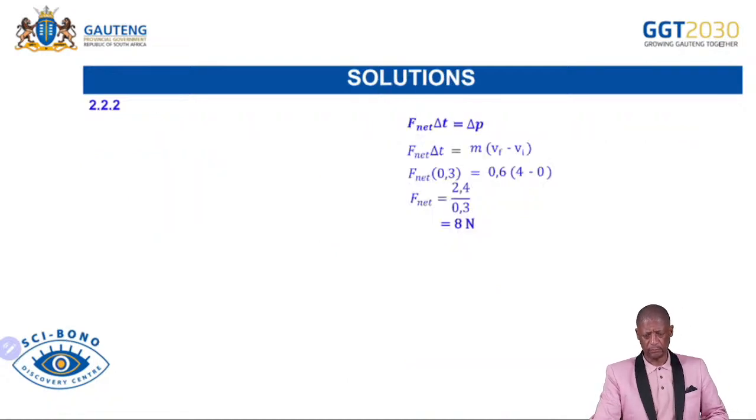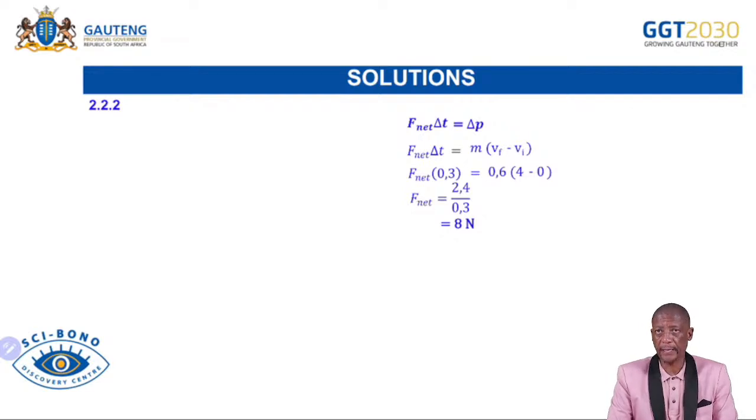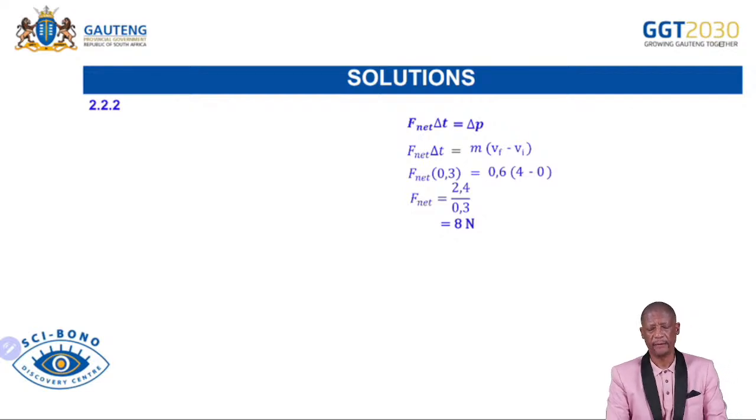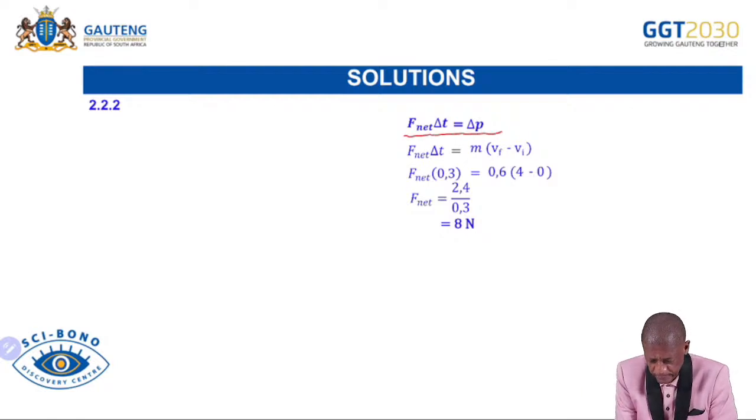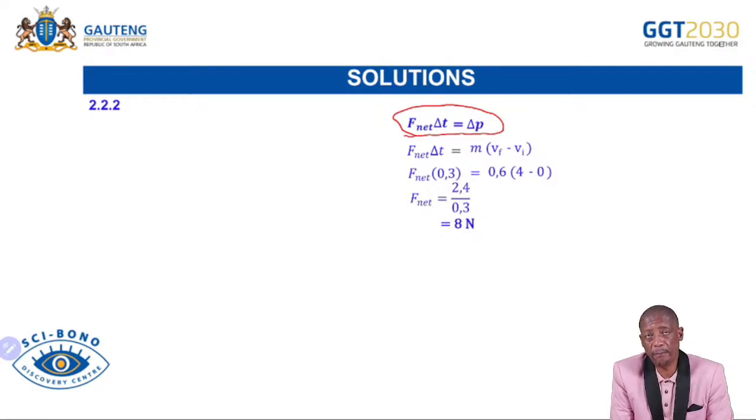Now, calculating the force. Remember this formula, right? This formula is for impulse. Do we remember? It has a net force multiplied by change in time equals change in momentum.